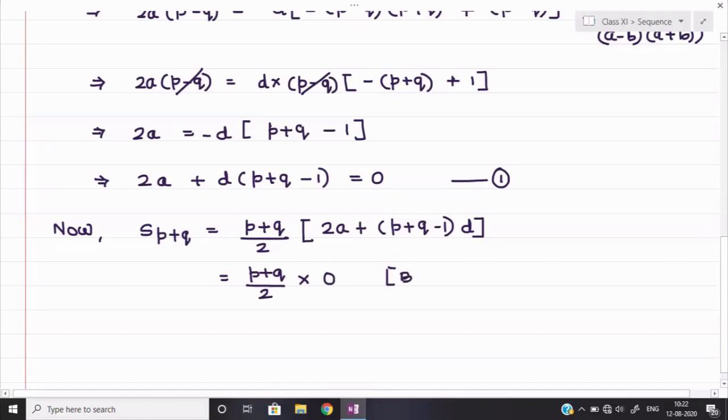So here we can give the reference of equation number 1. Therefore the sum of p plus q terms would be equal to 0, and that was only required as the answer. They were asking for the sum of p plus q terms.